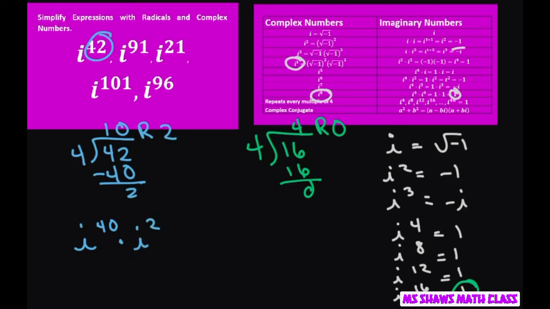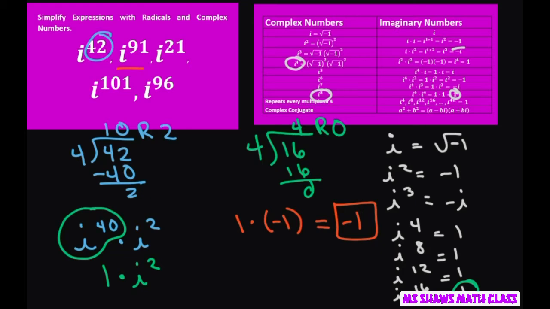And what I'm doing is I'm looking at i to the 40th is 1, because it's divisible by 4. So that's 1 times i squared. Now i squared is -1. So we have 1 times -1. So my final answer is -1.